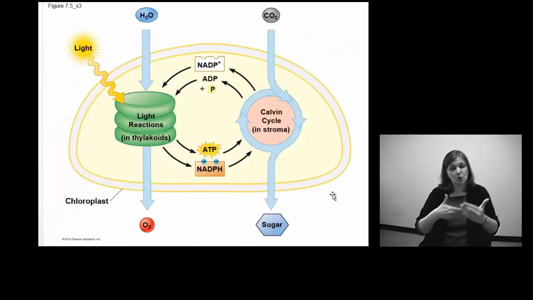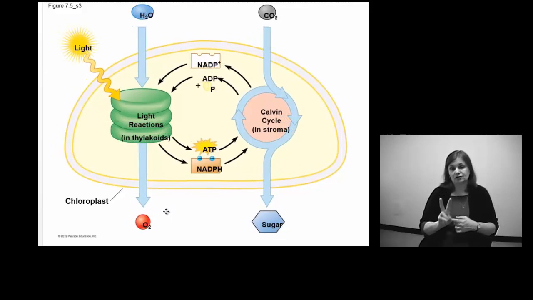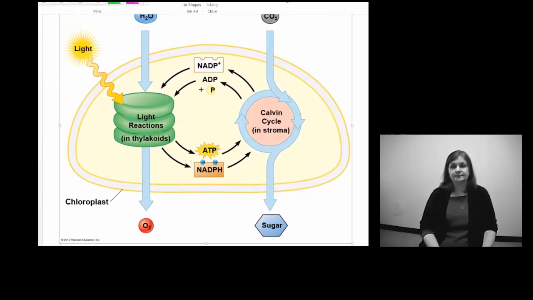This is the overview for all of photosynthesis and what we will use as we go through the different reactions. Light coming in to the thylakoids and producing oxygen from this reaction.